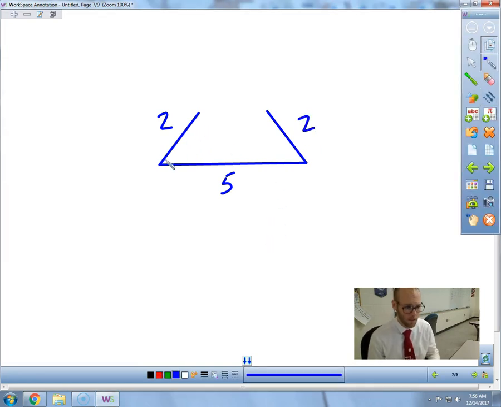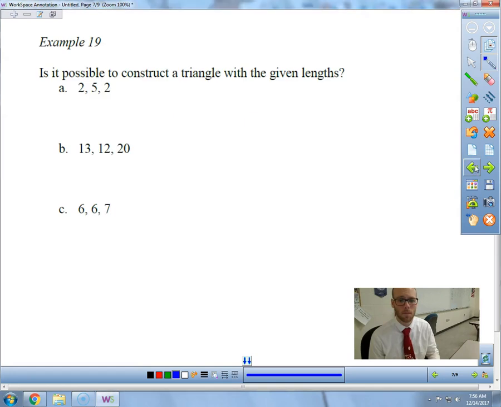As we rotate these, as these hinge, are they going to connect as they rotate down? They're not, are they? These two sides have to add to be greater than that side. The answer to this is no. 2 plus 2 is less than 5. It's not going to work.